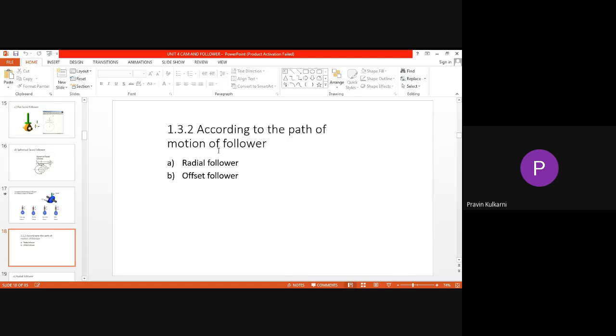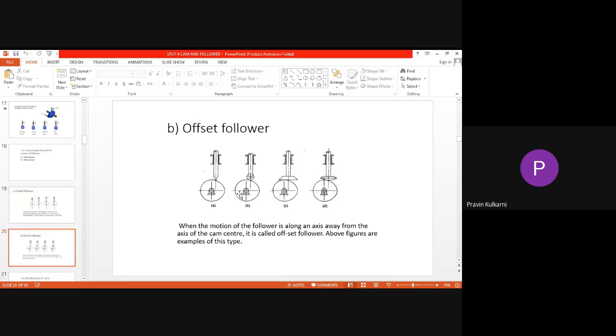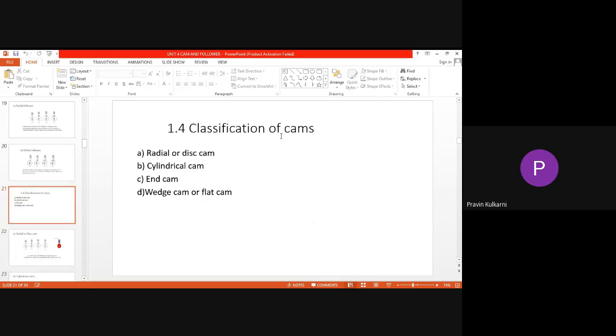According to path of the motion of the follower, I have got radial follower which passes through the center, and offset follower which is away from the axis. So offset follower has got an advantage over radial follower, that you have to see. That is discussed already. Classification of cams: radial or disc cam, cylindrical cam, end cam, wedge or flat cam.